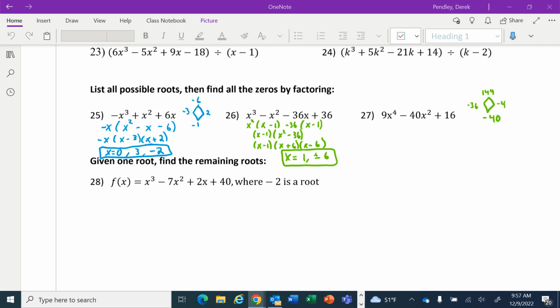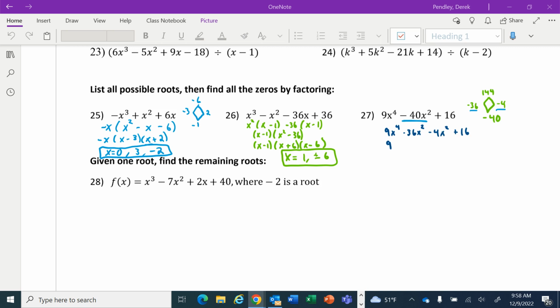So I'm going to rewrite this with this negative 40 replaced with these 2 terms. So I have 9x to the 4th minus 36x squared minus 4x squared plus 16. So what I want to do is factor out a 9x squared here.